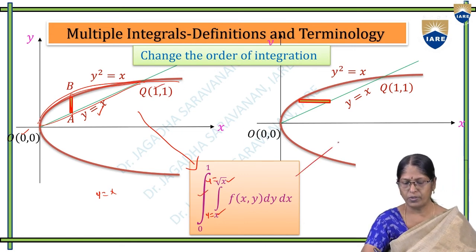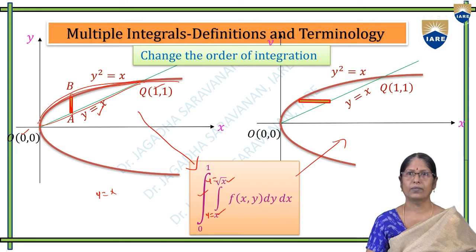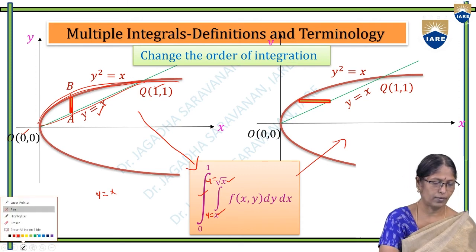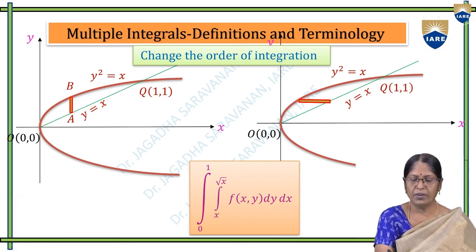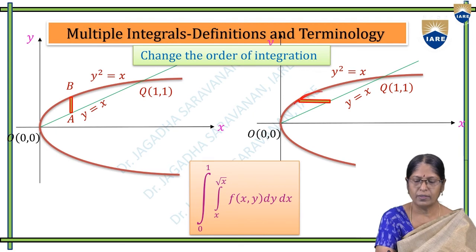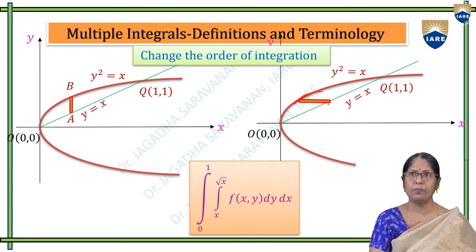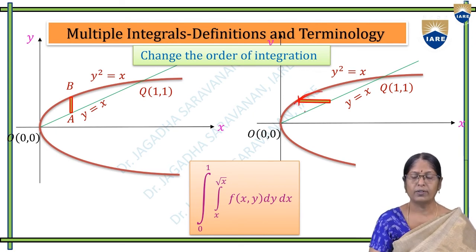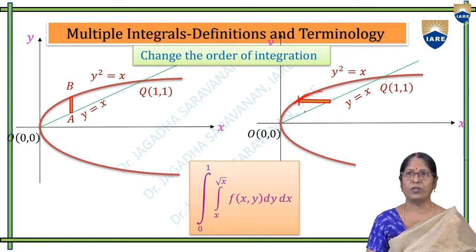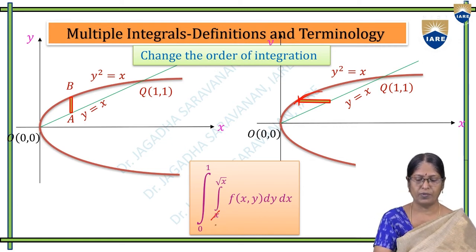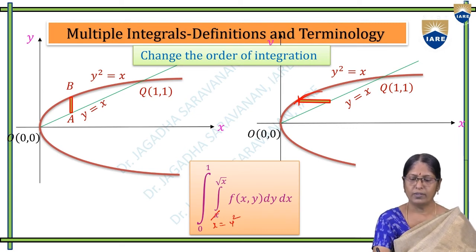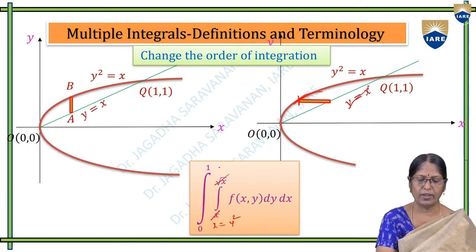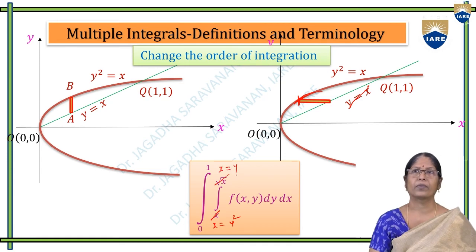But coming to this one, here is this horizontal strip. The starting one, we have to write x equal to y square. This we can write here, x equal to y.